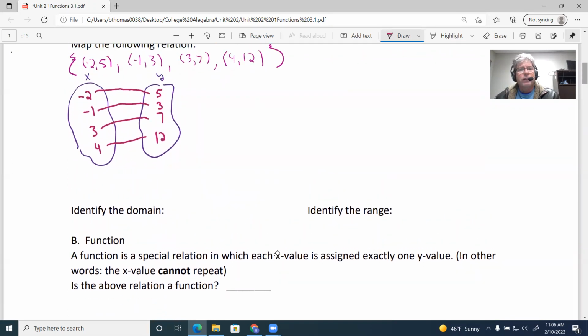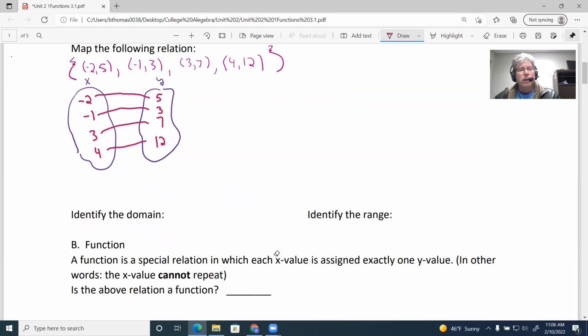So if I want to identify the domain, it is going to be the set of x values. Again, I use the set notation, and I have a -2, a -1, a 3, and a 4. If I want to identify the range, it's going to be the set, and we use those braces again. We have a 5, a 3, a 7, and a 12. That would be our set for the range.